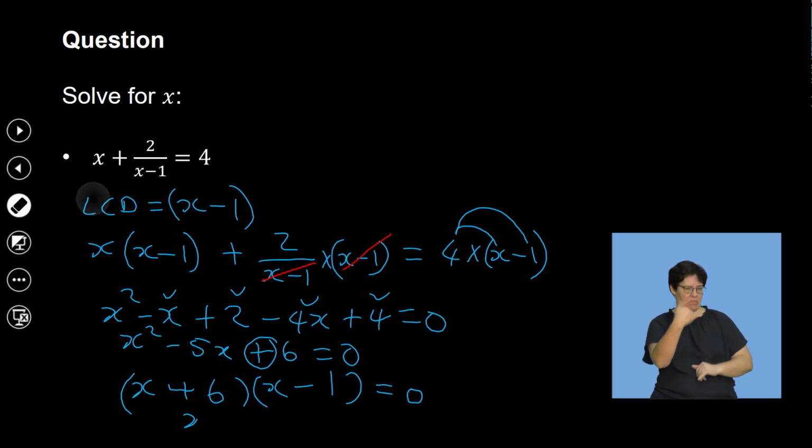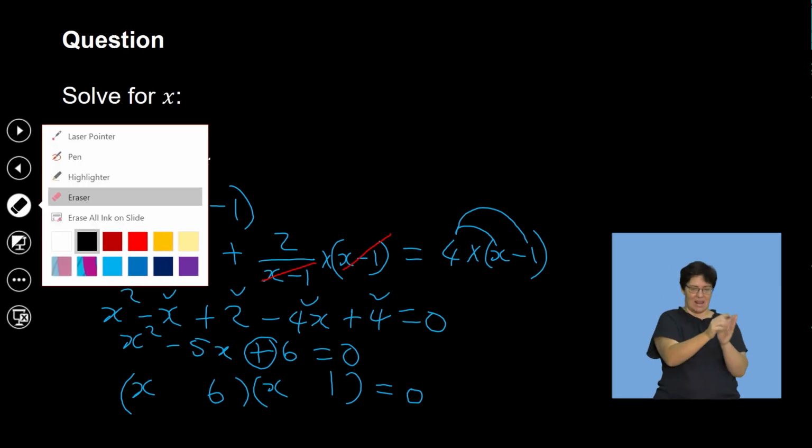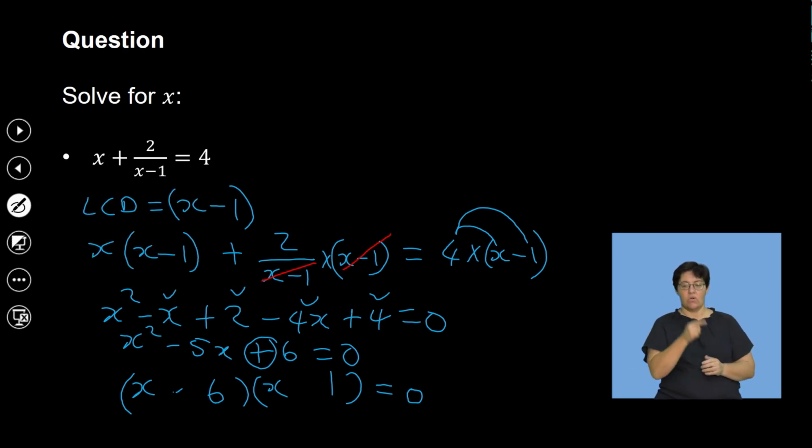The 6 must be a negative because the middle term is a negative. So this will be a negative and that will be a plus. So minus 6 plus 1 is negative 5, but minus 6 times that will be a negative 6. So it means the 6 and the 1 will not work, you see. So that's how you test these answers. So lastly, my actual factors will then be negative 3 and negative 2.